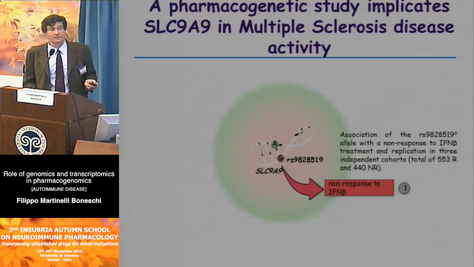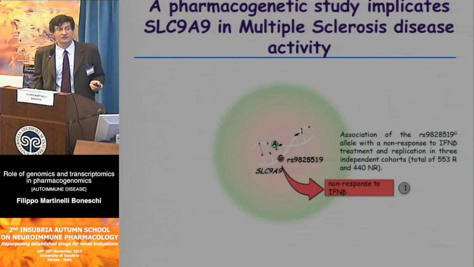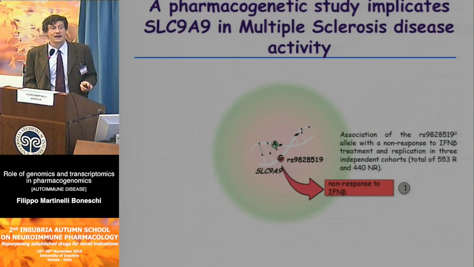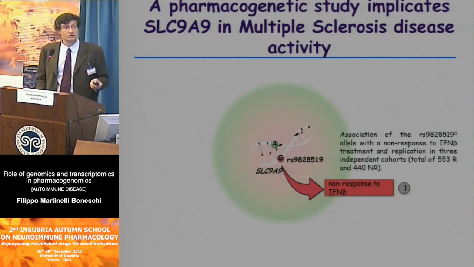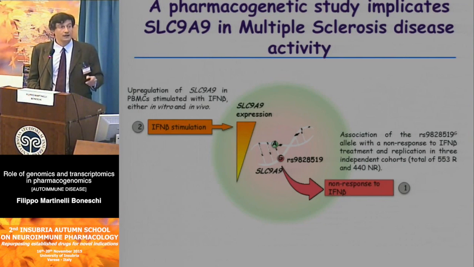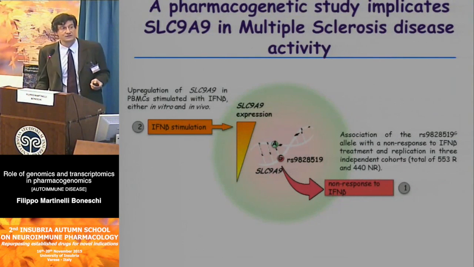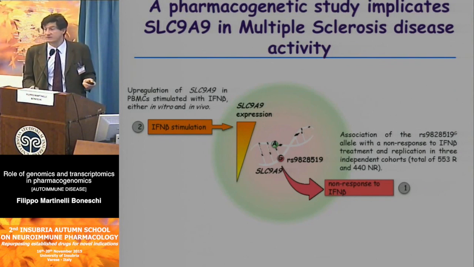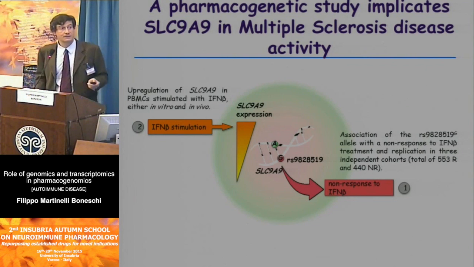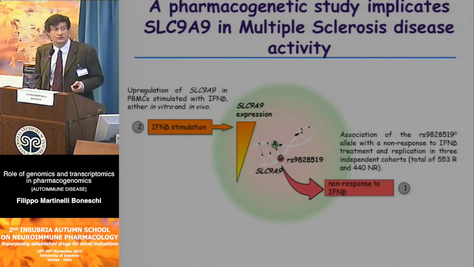And these are the different pieces of the story. We started from an unbiased approach and found an intronic variant at the level of a gene called SLC9A9 associated with no response to interferon-beta. We found a general upregulation of the gene following stimulation with interferon-beta, which was found in vitro by our experiments, but also in vivo in MS patients.